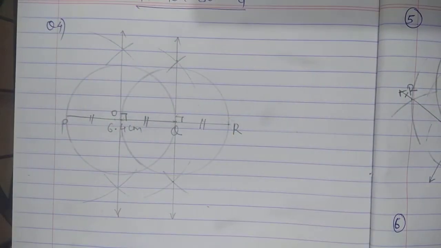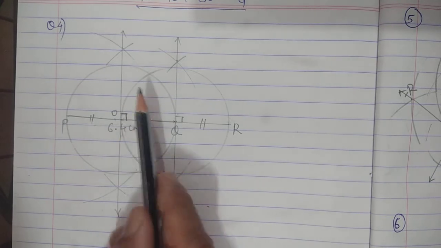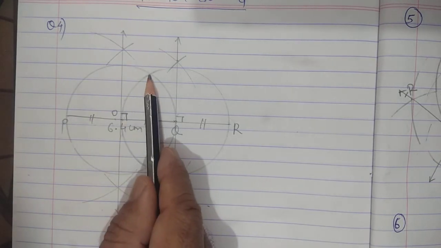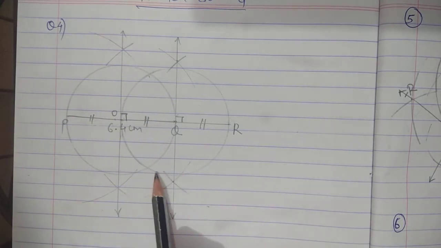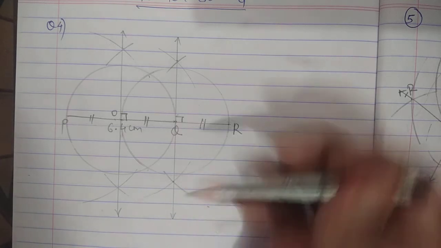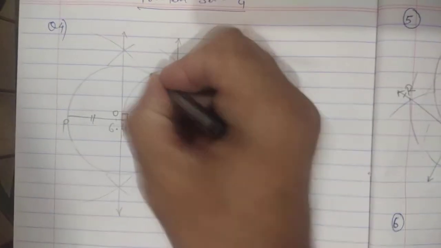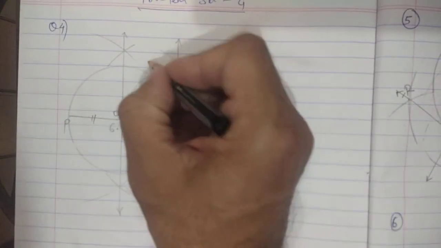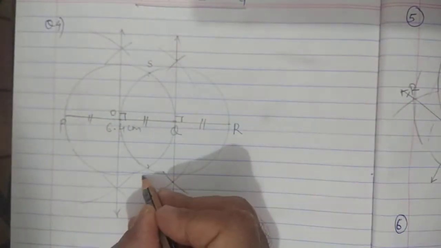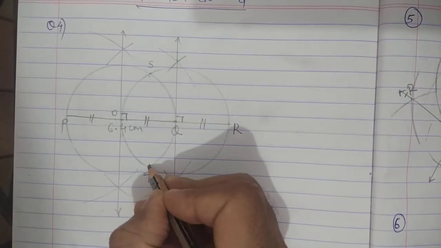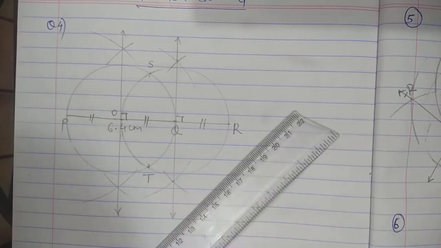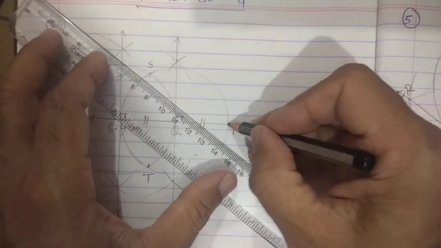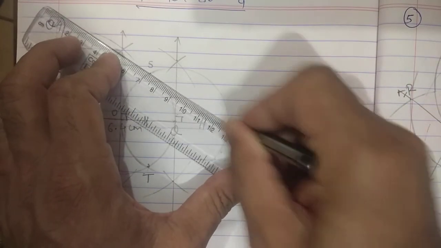So this is how you will draw the circle. And where the two circles are intersecting, can you see this? One is at this point, and the second one is at this point here. So mark these two points. Here name any other alphabet. Suppose this is point S, this is point T. So you will now join SR to draw the tangent.